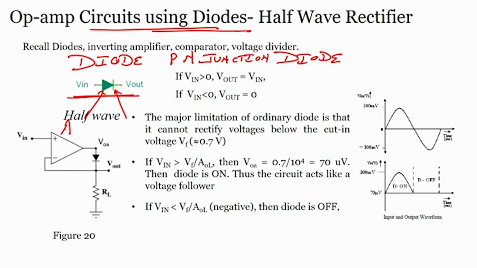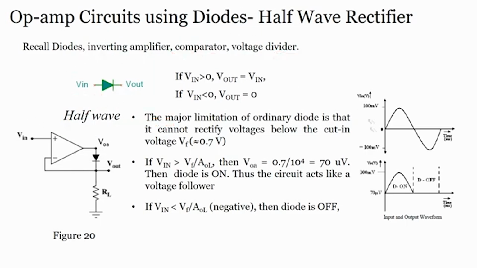This pin is the anode, and this pin is the cathode. We have seen diodes, and we will show you one on the circuit board.